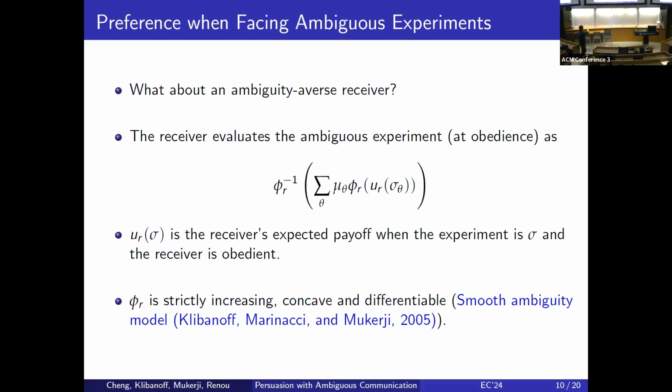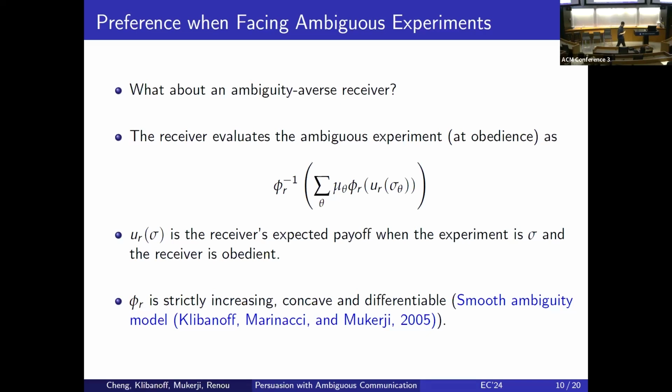And then it also applies this phi prime just to bring everything back to the same unit as utilities. So this phi function characterizes the ambiguity attitude in the smooth ambiguity model. For example, at one extreme, where phi is just linear or even identity, you immediately see that we will just go back to the standard expected utility model. But at the same time, if phi is concave, it captures the case where the receiver is ambiguity averse.